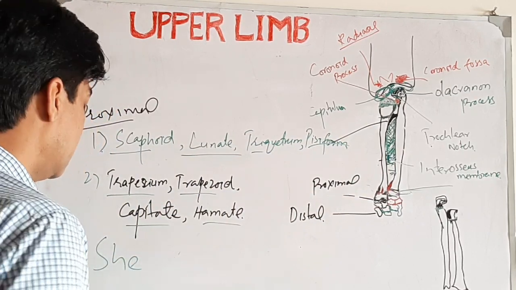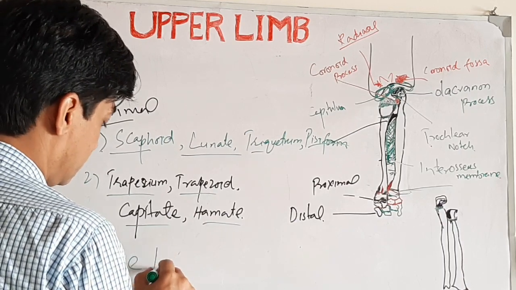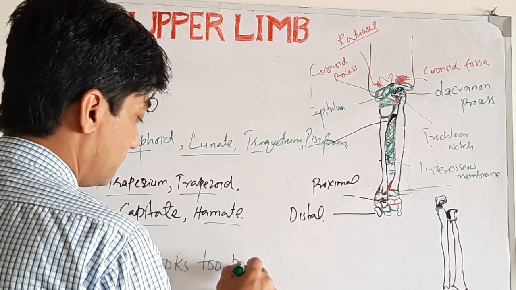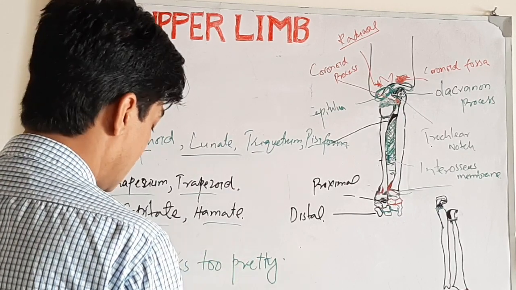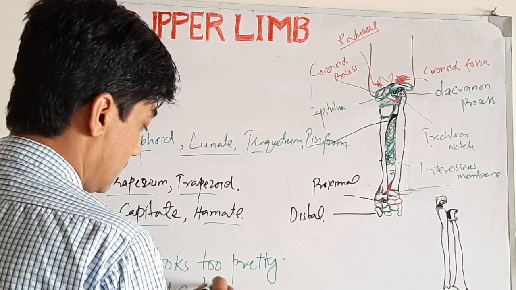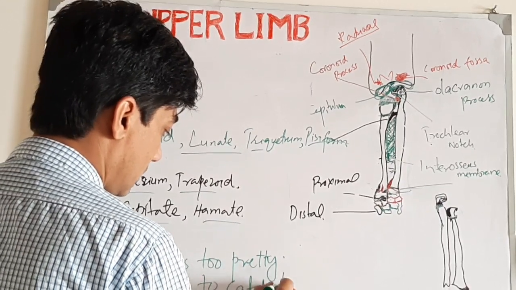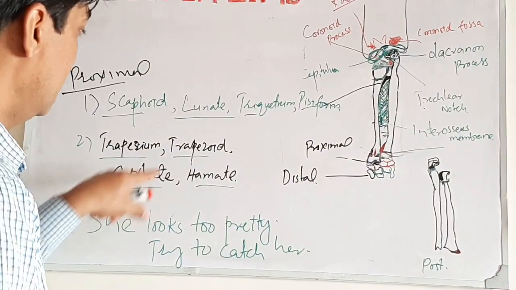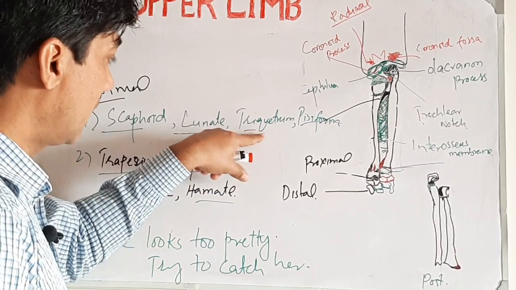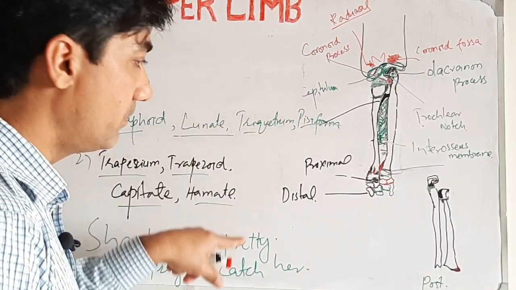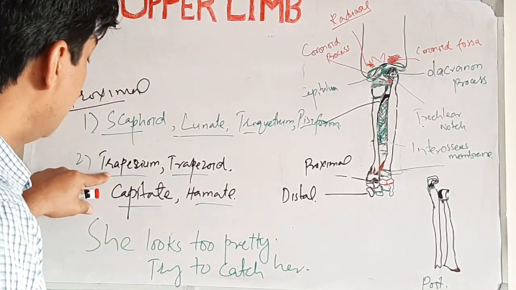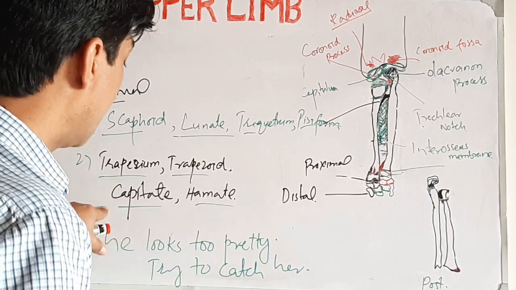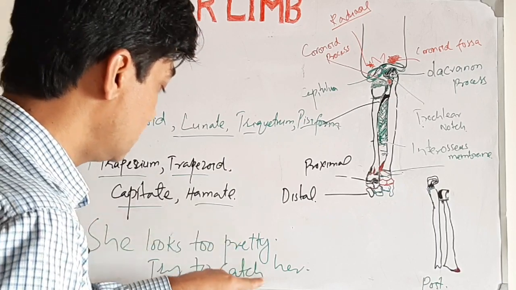It is an old method to remember: she looks too pretty, try to catch her. S for scaphoid, L for lunate, T for triquetrum, P for pisiform, T for trapezium, T for trapezoid, C for capitate, H for hamate.